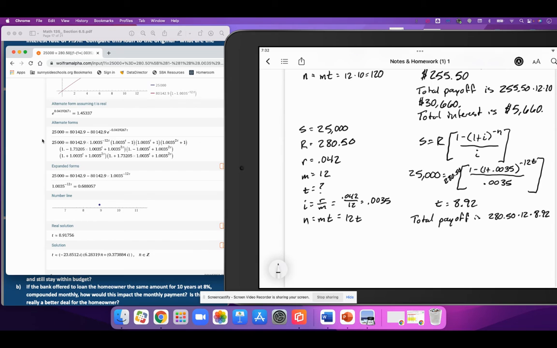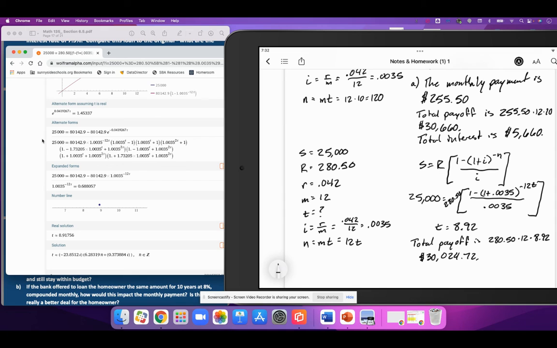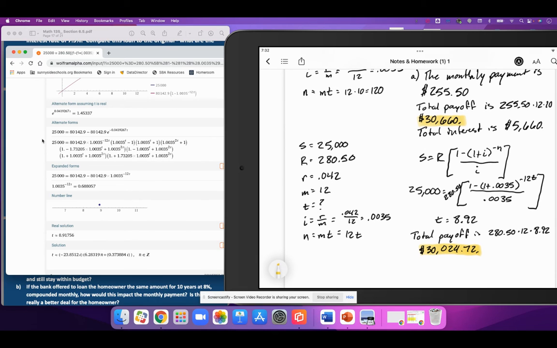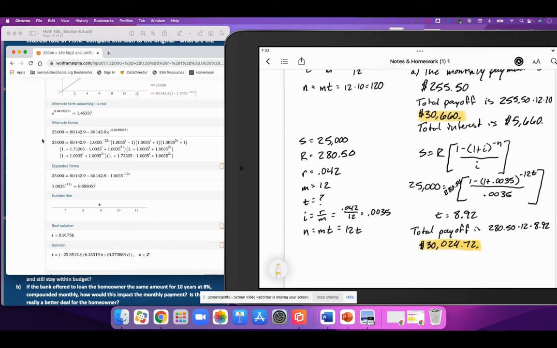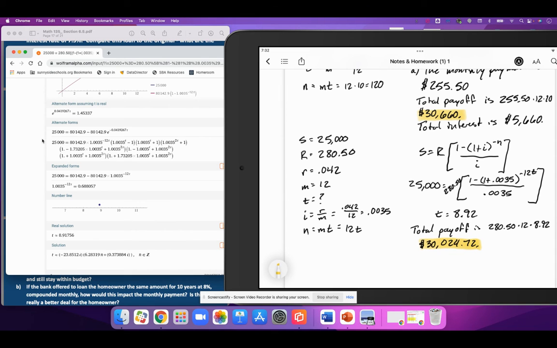It's $30,024.72. And so if we look at the difference in total payoff, up here we can see that with this option it's 30,660. With this option it's 30,024 and some change. So this person, by doing this, would save right around $630 or so in interest.